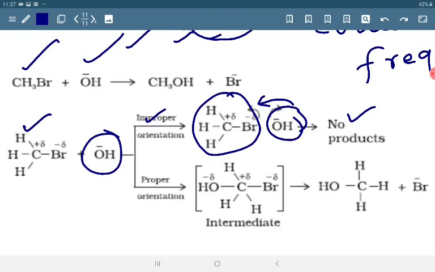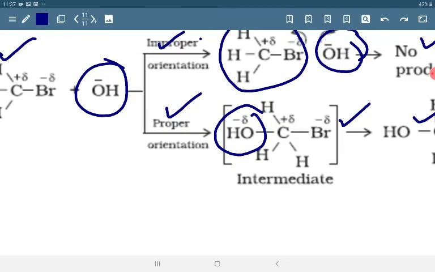If the attacking species attacks the molecule from this end, opposite to that of the bromine group, then the bond is formed and Br negative leaves the molecule; this is the leaving group. So this is improper orientation, this is proper orientation. Means the molecules must be directed in such a way that the attacking species attacks the molecule from the proper direction, then only the reaction will take place.